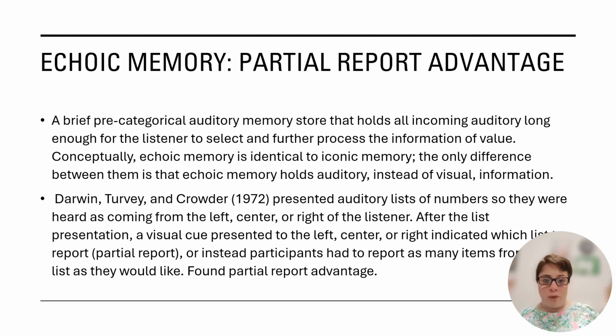For example, Darwin, Turvey, and Crowder in 1972 presented auditory lists of numbers so that they were heard as coming from the left, the center, or the right of the listener. So with headphones, it would be left, right, and then in the center. After list presentation, a visual cue was presented to indicate either left, center, or right, so which list they were supposed to report.